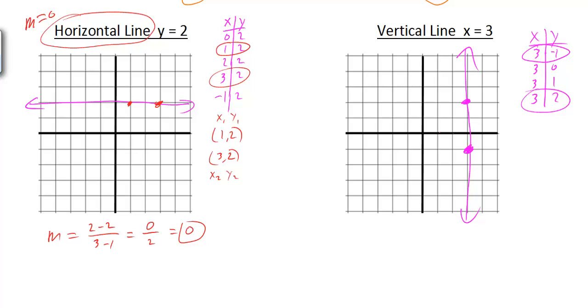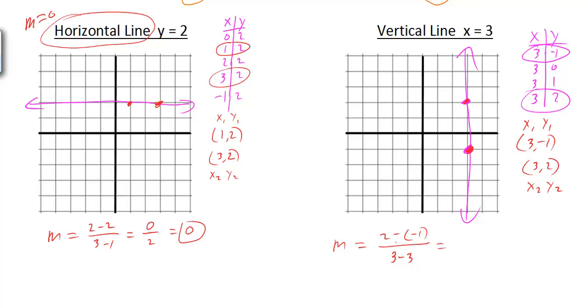And if we want to find the slope of this line, then we're going to have (3, -1) and (3, 2). And again, if it helps you, you can label x1, y1, x2, y2. So therefore, your slope is 2 minus -1. Be careful with the negatives. It's 2 minus the -1 over 3 minus 3.